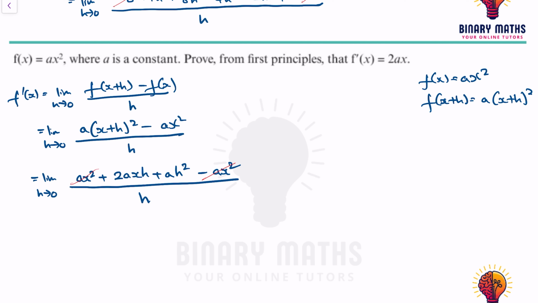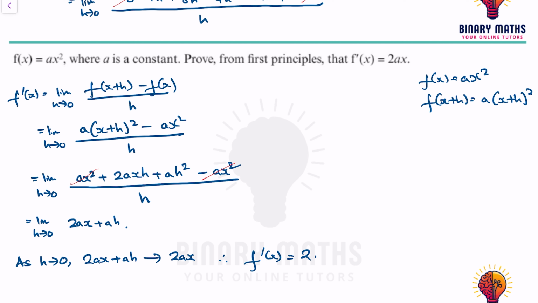The ax squared and negative ax squared cancel out. And then if you divide everything through by h, you get 2ax plus ah. I can't simplify it anymore. So as h tends to 0, 2ax plus ah tends to 2ax, because the second term cancels out. Therefore, f dash of x is equal to 2ax.